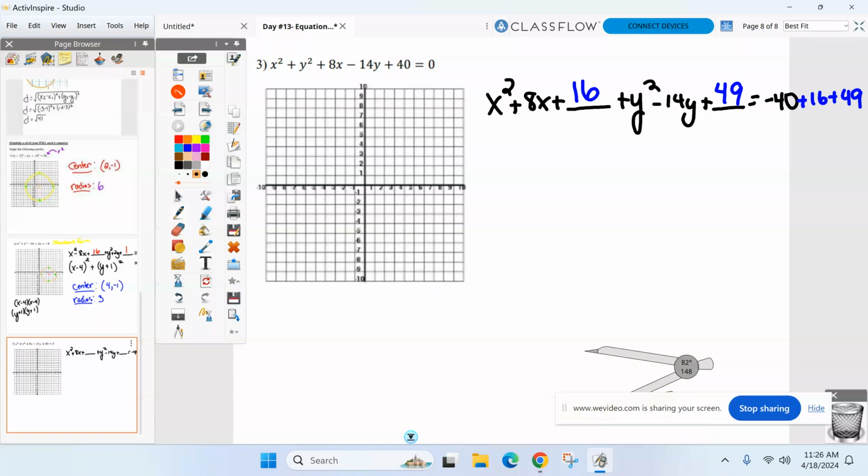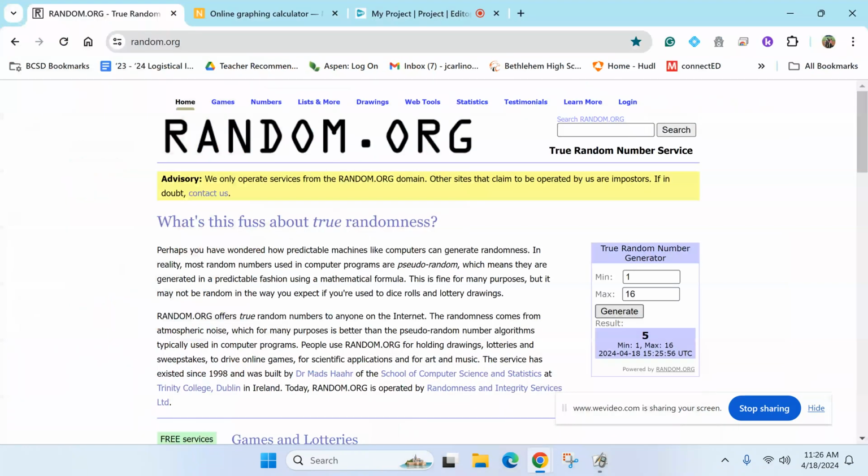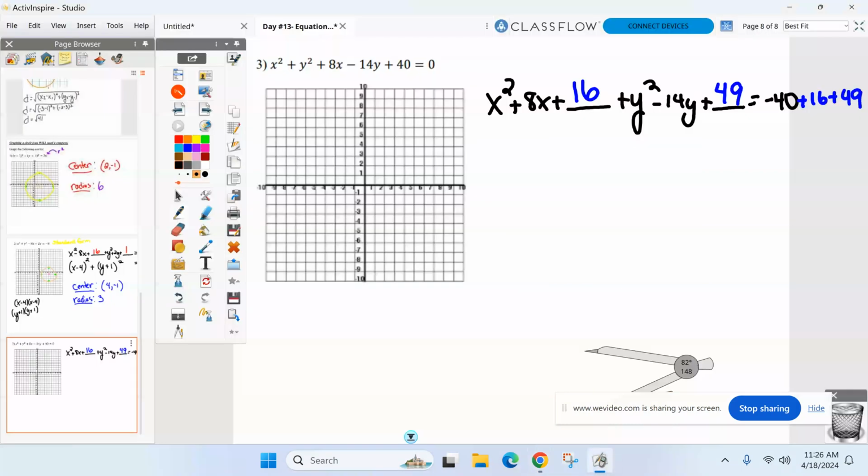All right, time to factor. Two numbers multiply to 16, add to 8. What would that one factor into? X plus 4 squared. X plus 4 times itself. Yeah, good. So X plus 4 squared.